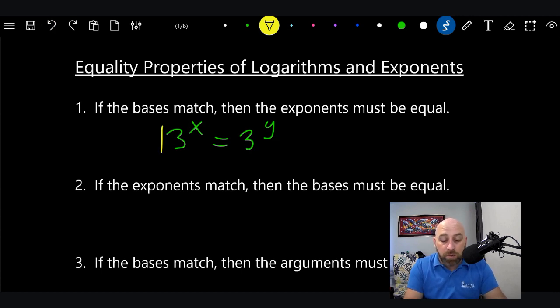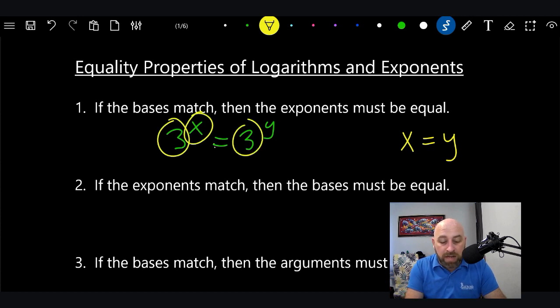So, if we have the base the same, what does that mean? Well, that means that x must equal y. It has to. So, if x is 5, then y is 5. If x is 2, then y is 2. Whatever x is, that's what y is. So if the bases match, then the exponents have to be equal.